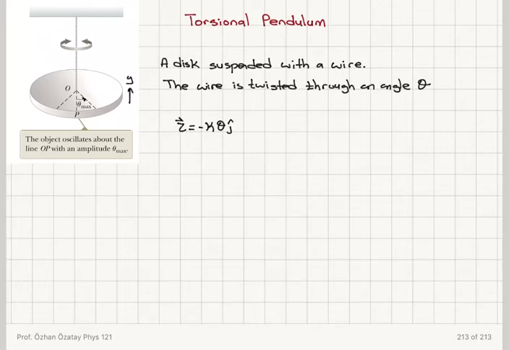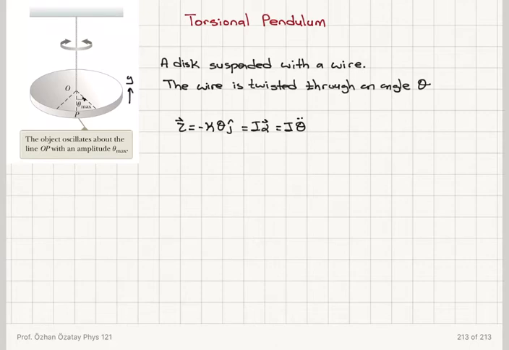My right hand tells me the omega that I am introducing is in plus j hat direction, and therefore the torque that is going to resist this increase in the angle will be in the opposite direction, in minus j hat direction.